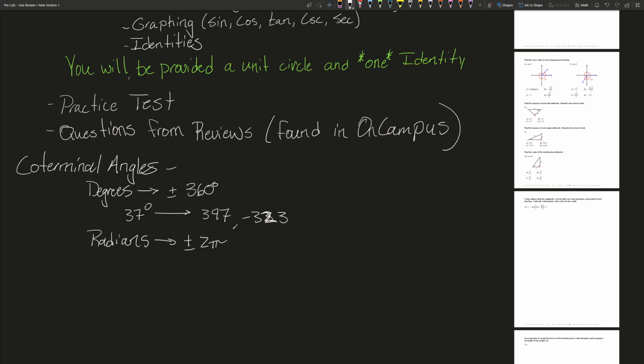This usually requires a little more effort because in a lot of cases you have to add fractions, which a lot of people struggle with. Say we have pi over 4, and we want a negative and a positive coterminal angle. To find the positive one, we add 2 pi.